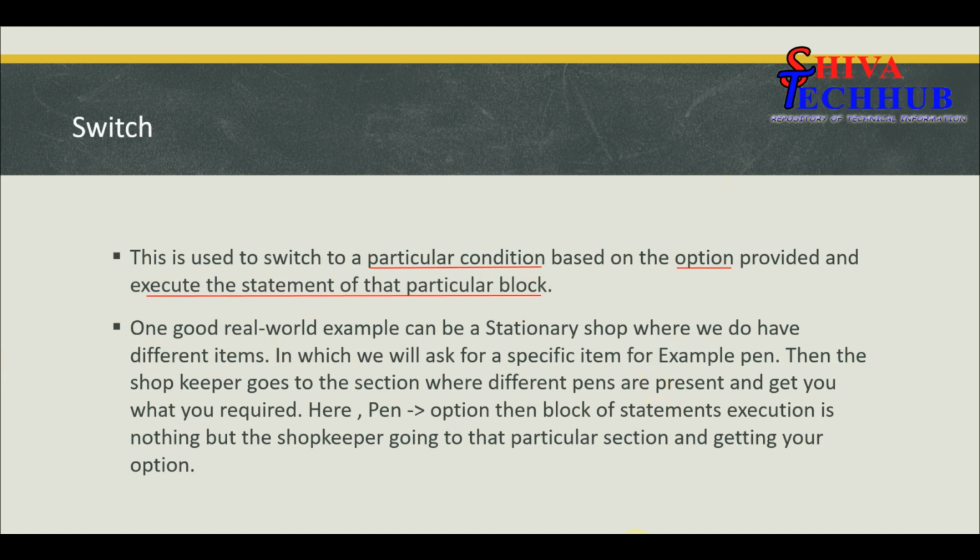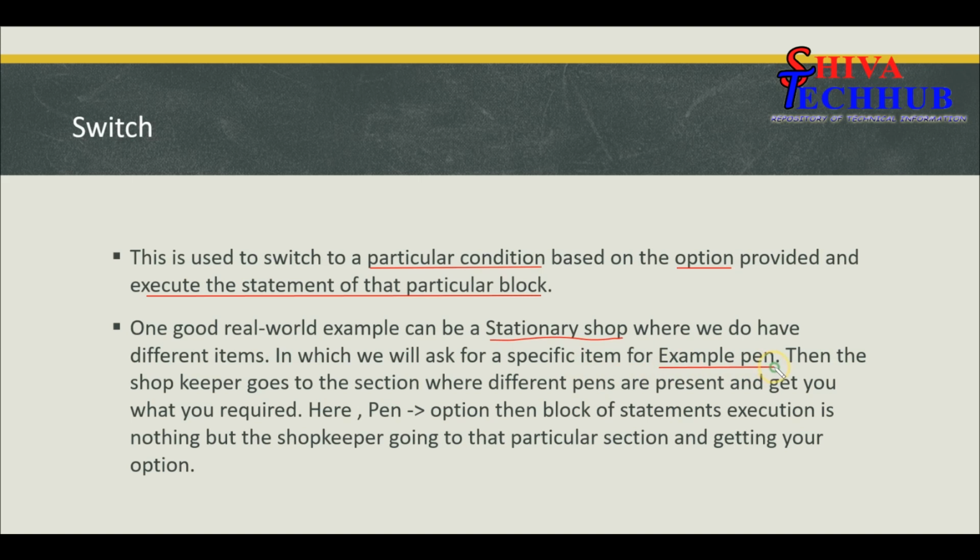Let us try to understand it with a real-time example. For example, if we are going to a stationery shop, a stationery shop has a series of books, pens, and other stationery items, eraser, geometry box, etc. Out of those items, we only want a specific item for which we went to that shop.